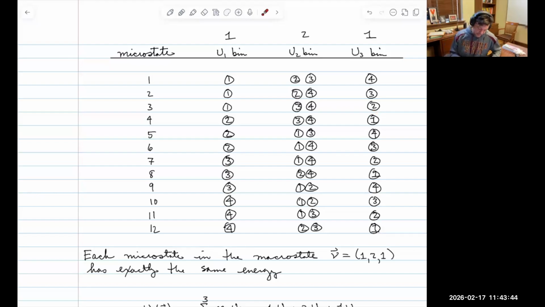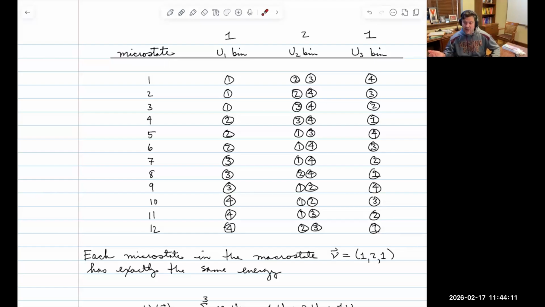The next grouping is where I have particle 2 in bin 1, and then particles 3 and 4 in the other bins. Every time I put a particle in the first bin, that's exactly 4 ways of doing that. And amongst those 4 ways, each one has 3 ways of arranging the other particles. So 4 times 3 gives 12.